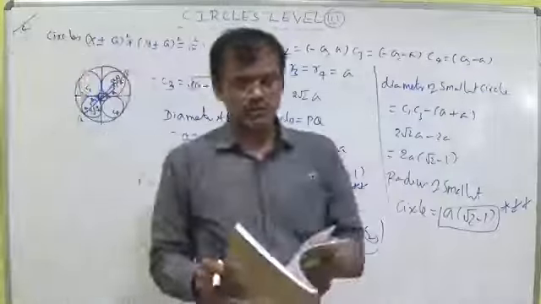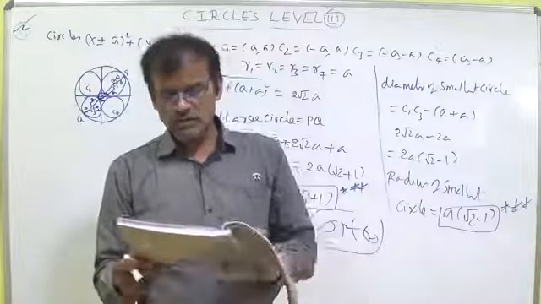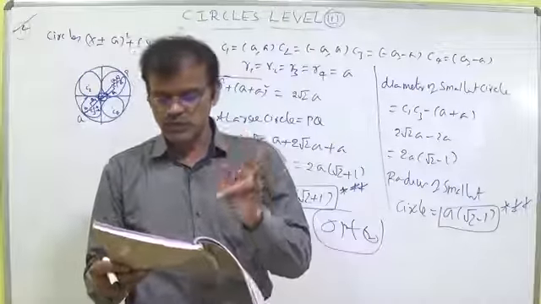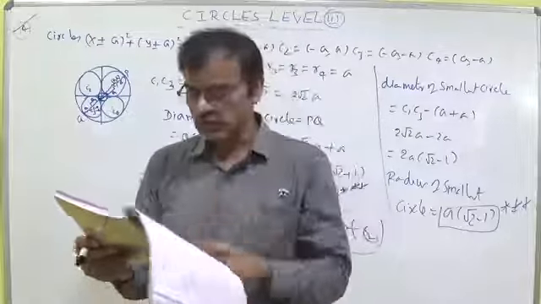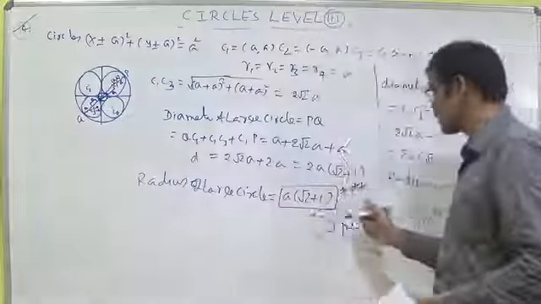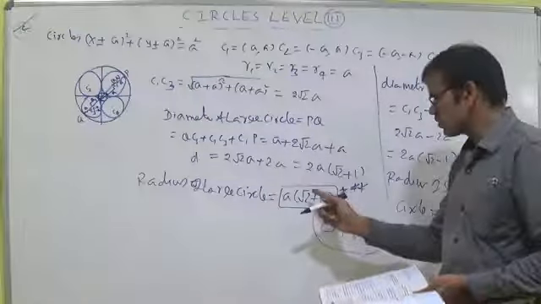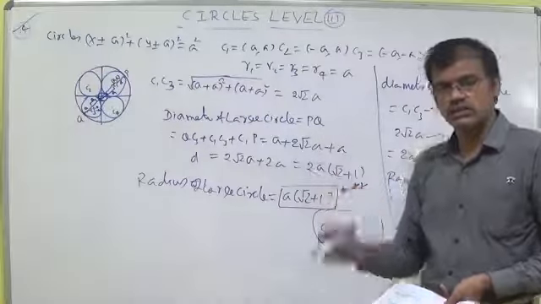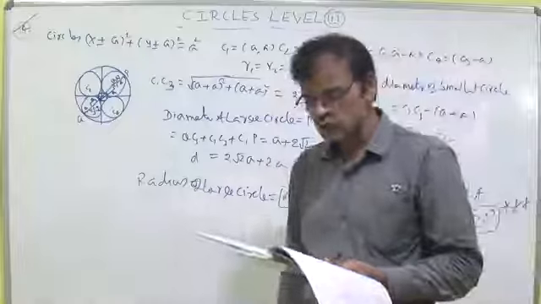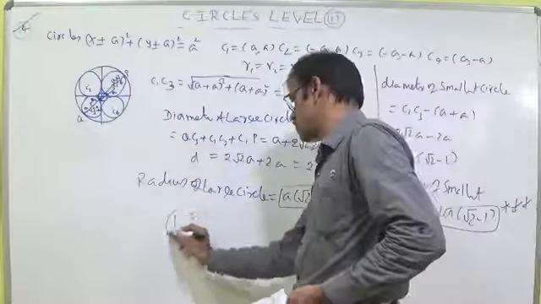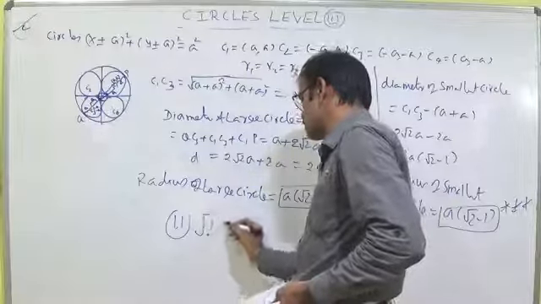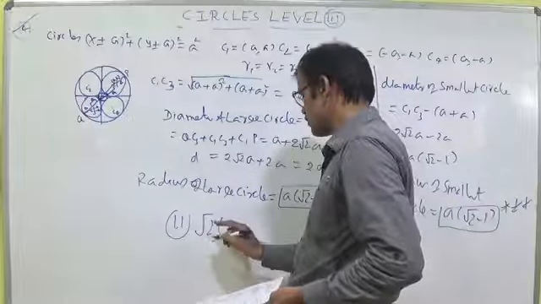Now let us discuss the 11th question. Four circles each with radius 2 touch both axes; then the locus of the largest circle touching the four circles. See the 14th question, the largest circle, put a star here. A means the radius, and in the 11th question the radius given is 2, so 2 into root 2 plus 1. The 11th question depends upon the 14th question.